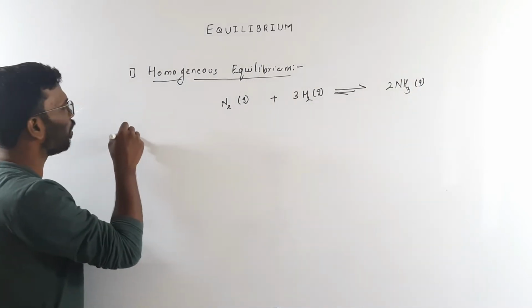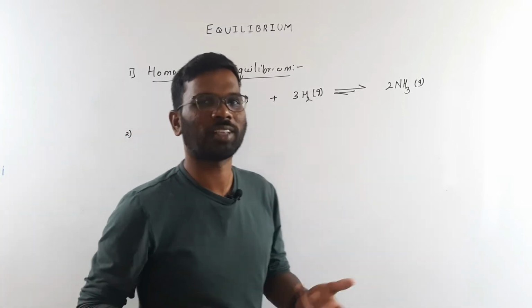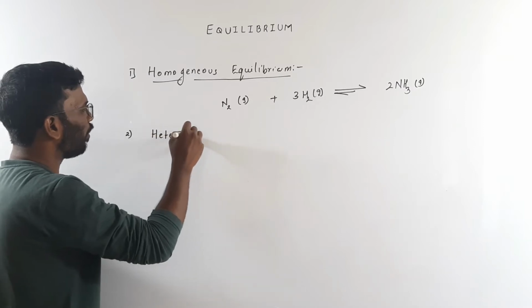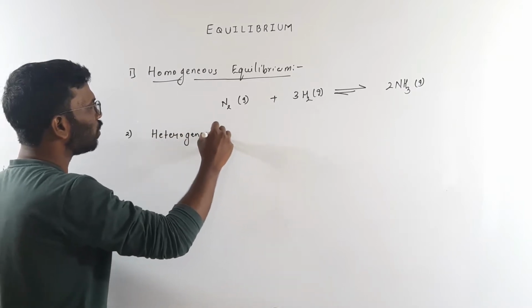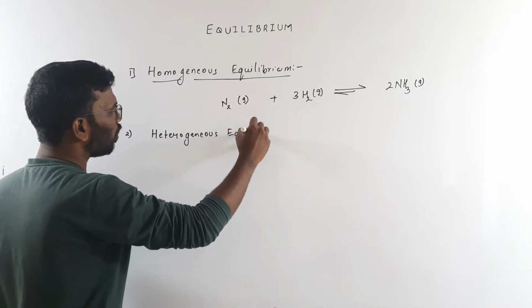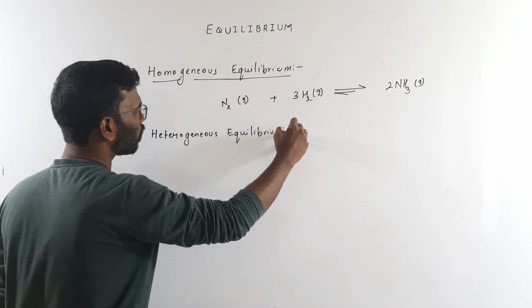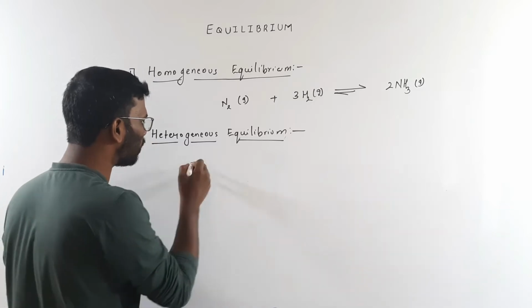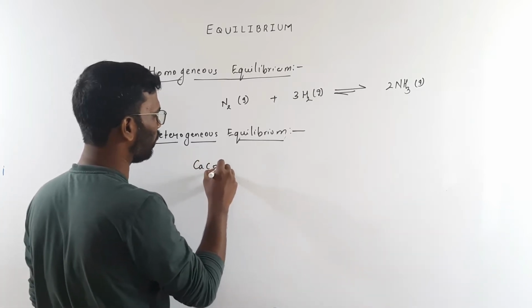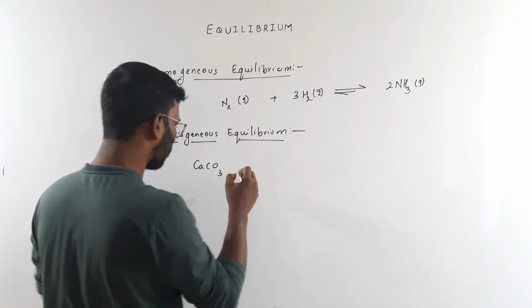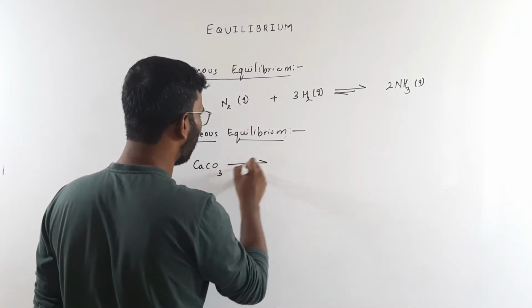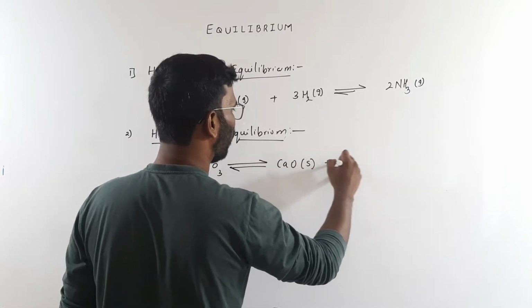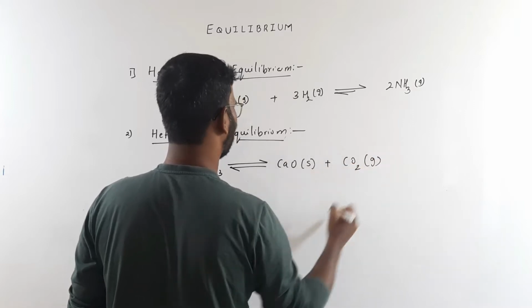Now, heterogeneous equilibrium is when the reactant and the products are in different phases. For example, calcium carbonate, CaCO3, is in equilibrium with calcium oxide, which is solid, and carbon dioxide gas.